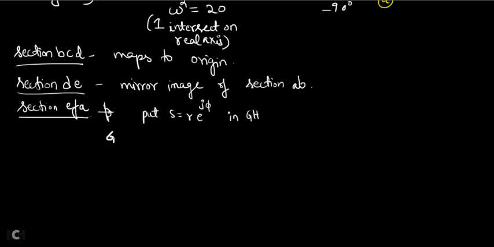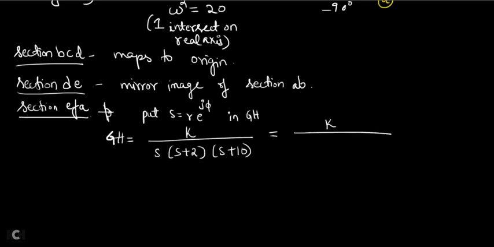Now what is the transfer function? GH is equal to K divided by s(s+2)(s+10). So wherever s is there, now you substitute r e^(jφ) in place of s.